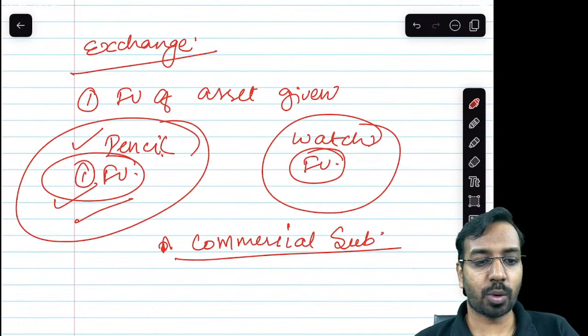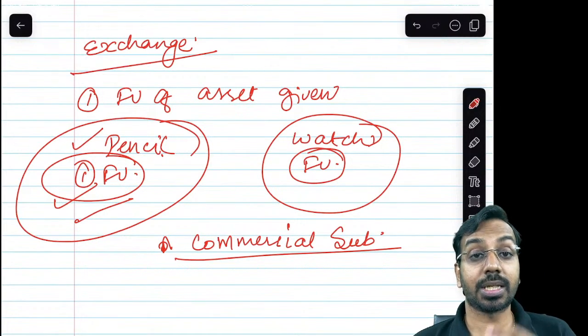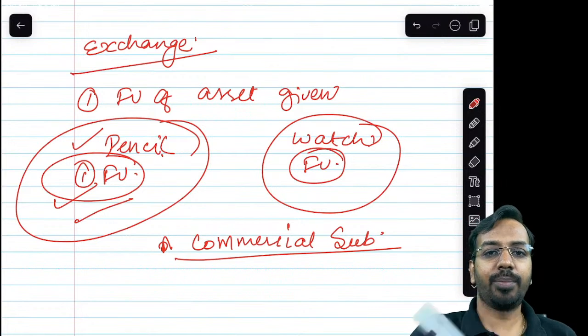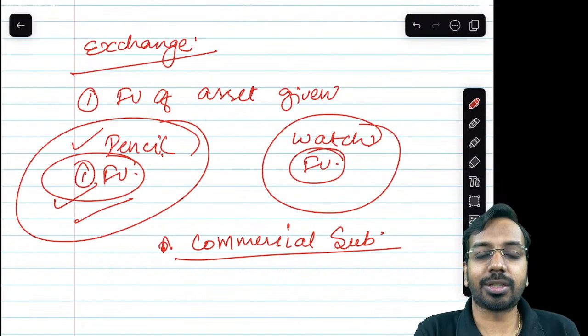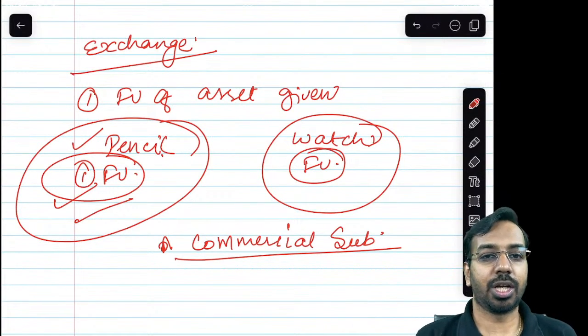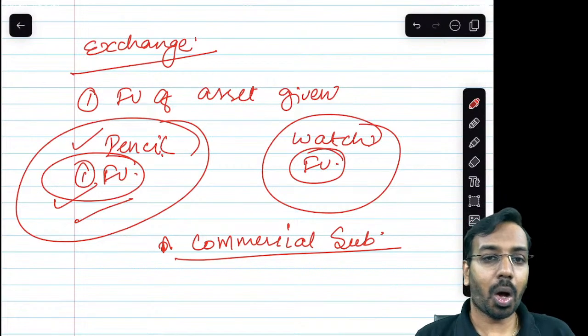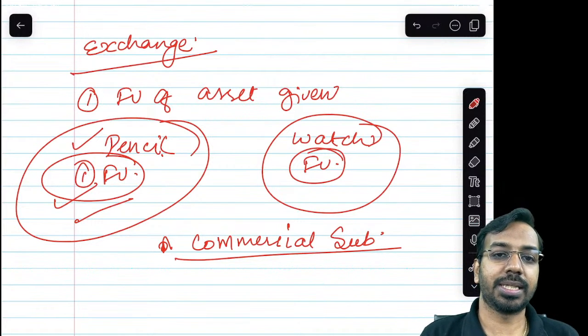What is the meaning of having a commercial substance? I gave you a pencil, you also gave me a pencil. Then there is no commercial substance. My cash flows do not change. So, the commercial substance condition is not satisfied. But I gave you a pencil, you gave me a watch. Or I gave you one machine, you gave me a different machine. In that case, commercial substance is met.